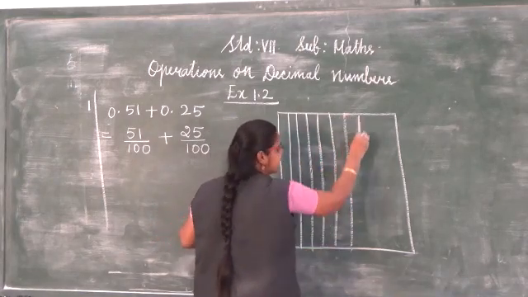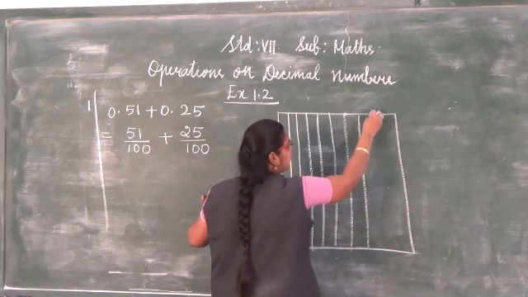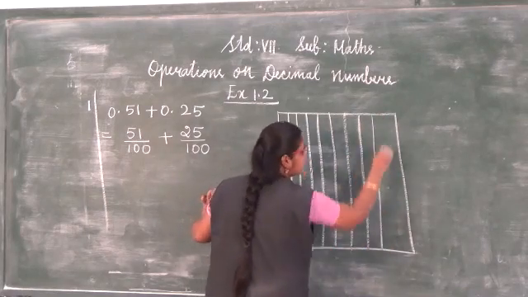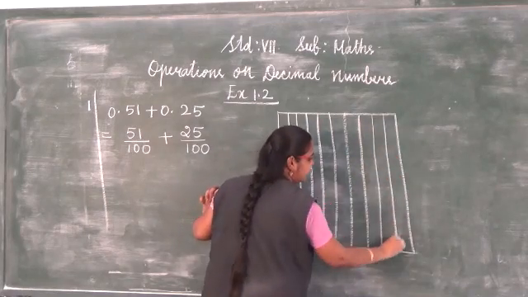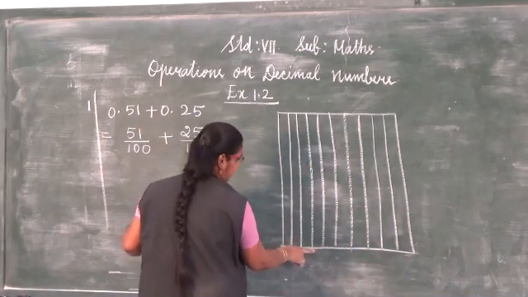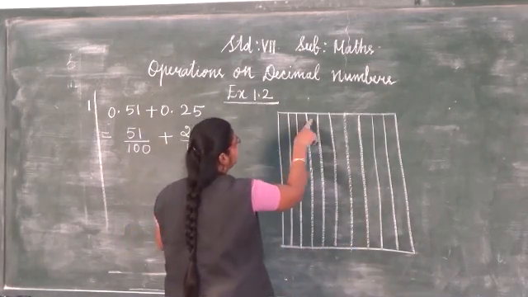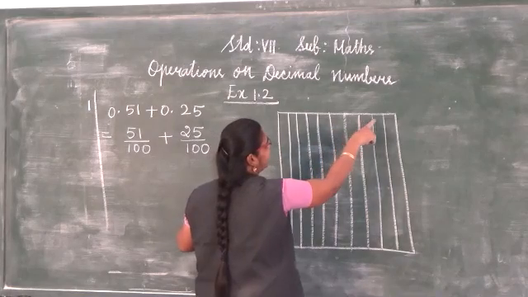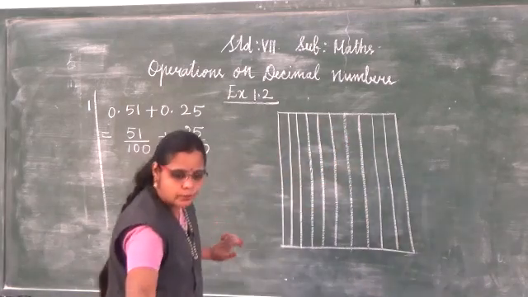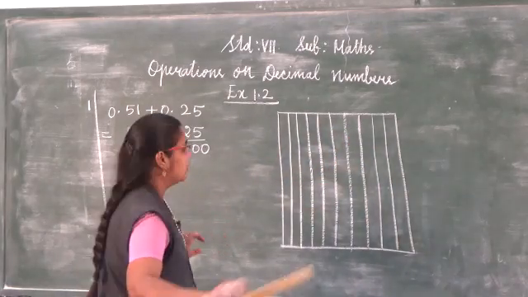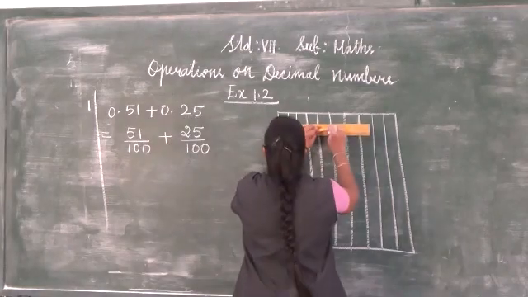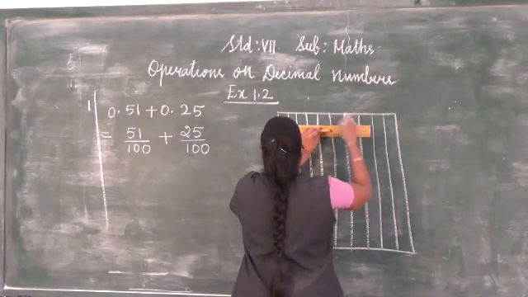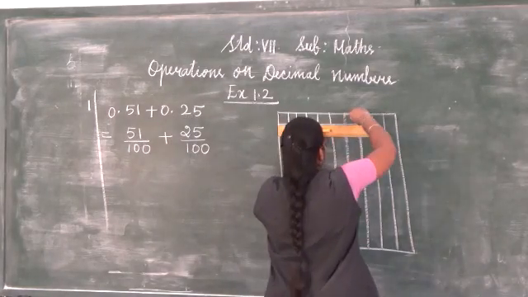So 1, 2, 3, 4, 5, 6, 7, 8, 9, 10. So 10 columns, and then you have to draw 10 rows.